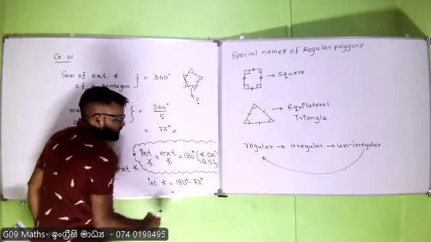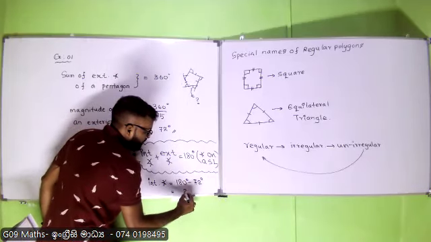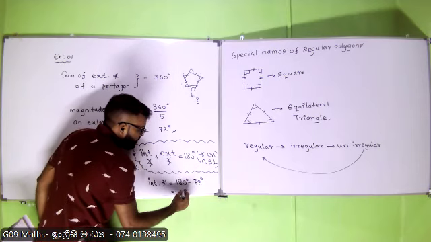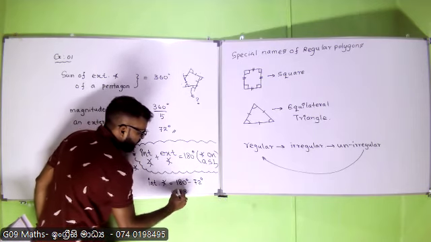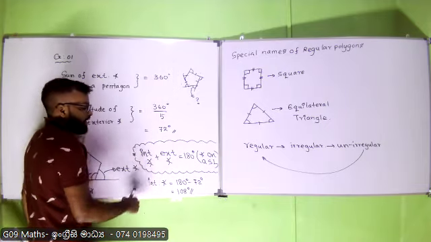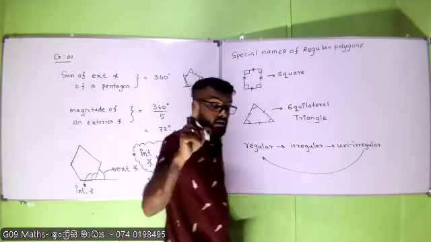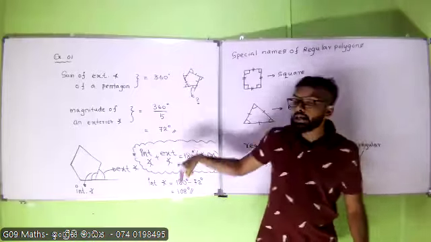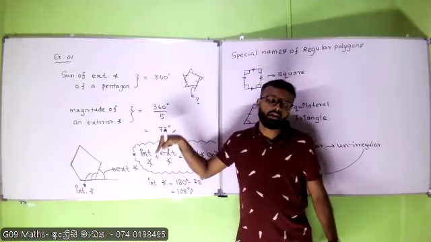Subtract: 8, 0, 108. The magnitude of an interior angle of a regular pentagon is 108 degrees.